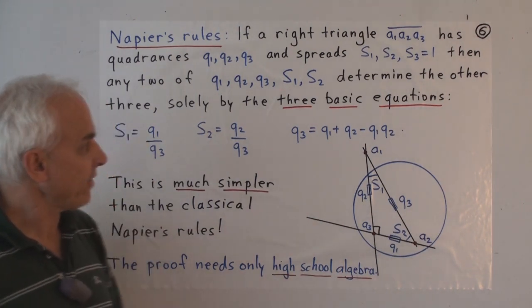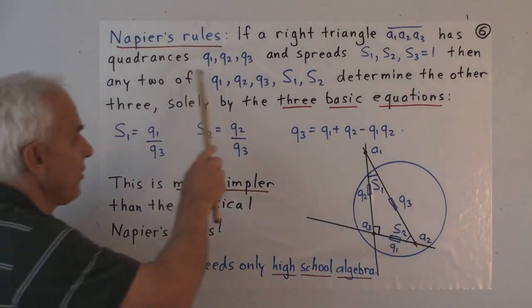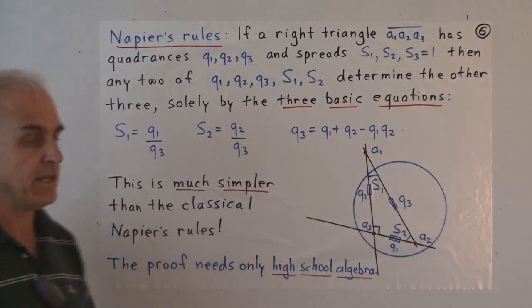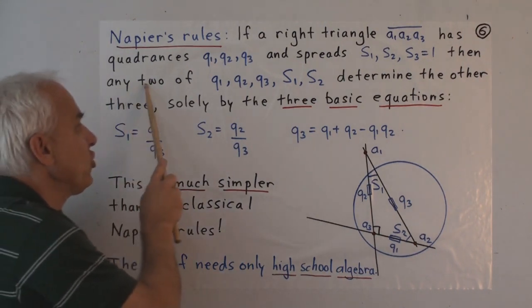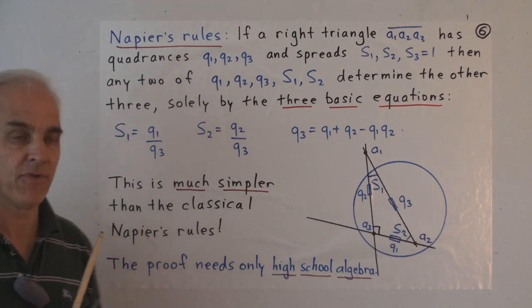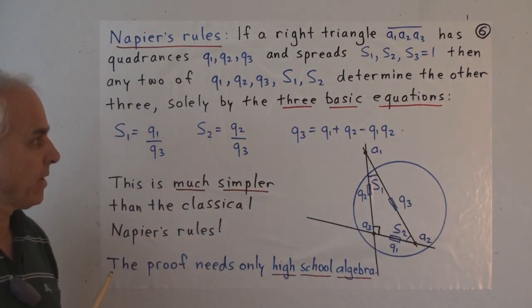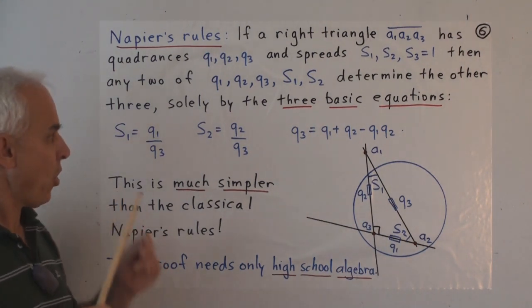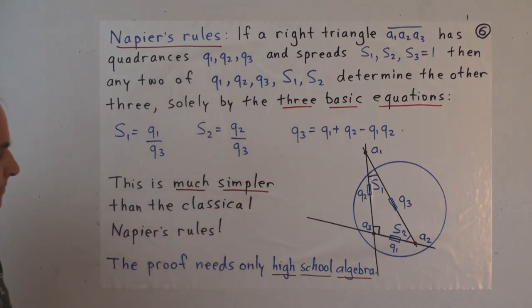Napier's rule says that if we have a right triangle, and here are the quadrances, and here are the spreads, and we suppose that S3 is the spread that's equal to 1, then any 2 of these 5 numbers determine the other 3. And they do so in a very simple way, only by using these 3 basic equations.